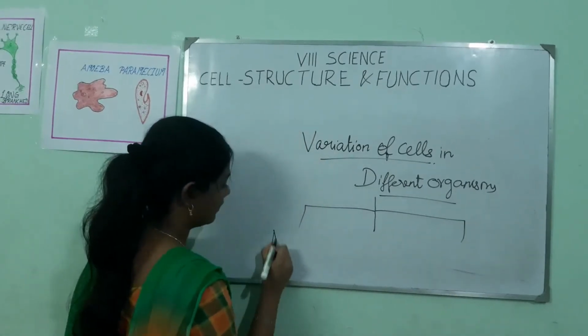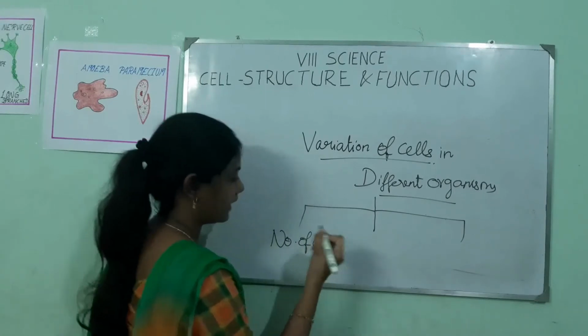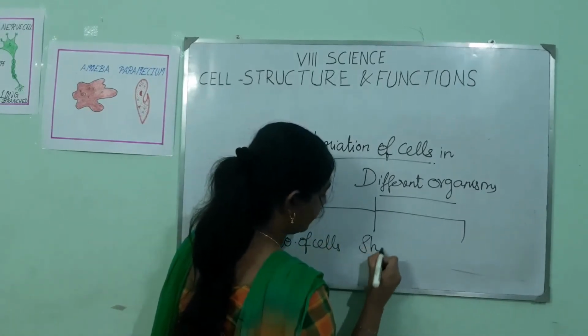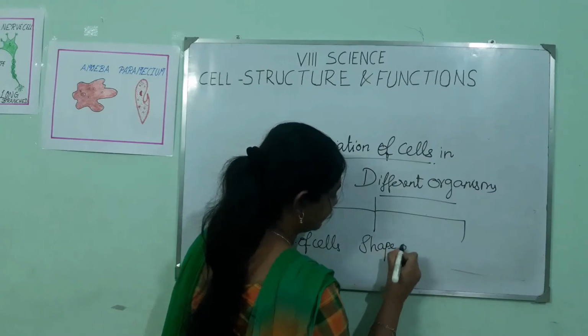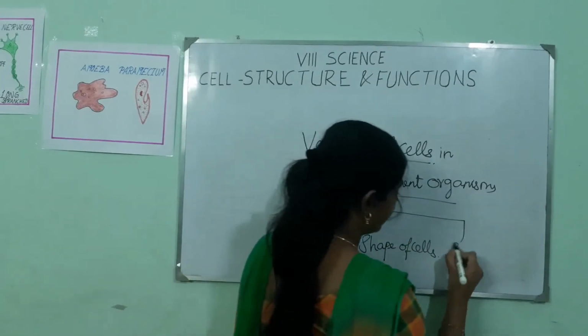One is number of cells, the second one is shape of cell, and the last one is size of the cell.